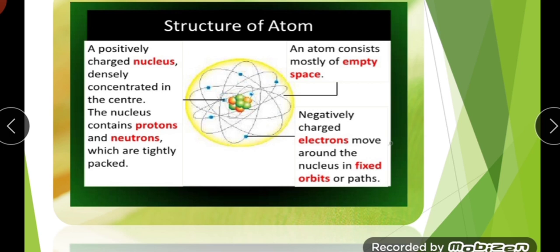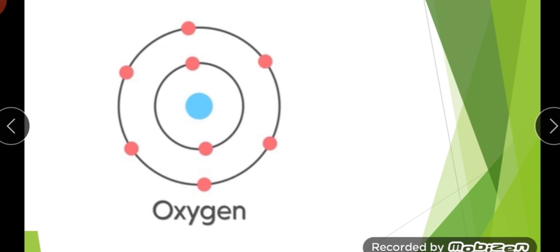But children, how exactly are these electrons distributed in the orbitals? They are moving in the orbitals, but are they moving randomly, or is there a particular formula for the distribution? Let me give you the example of an oxygen atom. The oxygen atom looks somewhat like this. In the oxygen atom, the first shell, the K shell, has 2 electrons.